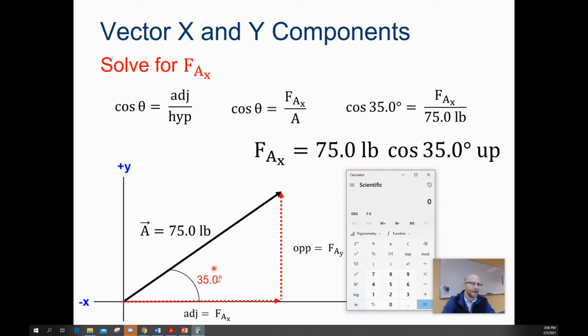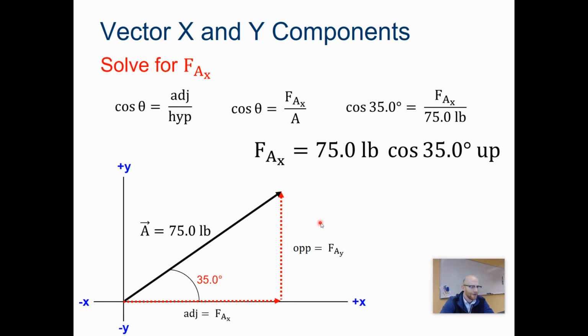If I'm trying to find the force of 75 pounds at 35 degrees, how much of that force is going in the x-axis, or this direction here? I'm going to use cosine because I'm looking for the adjacent, and we know the hypotenuse and we know theta, so let's switch it up algebraically, since I'm trying to get the force by itself.